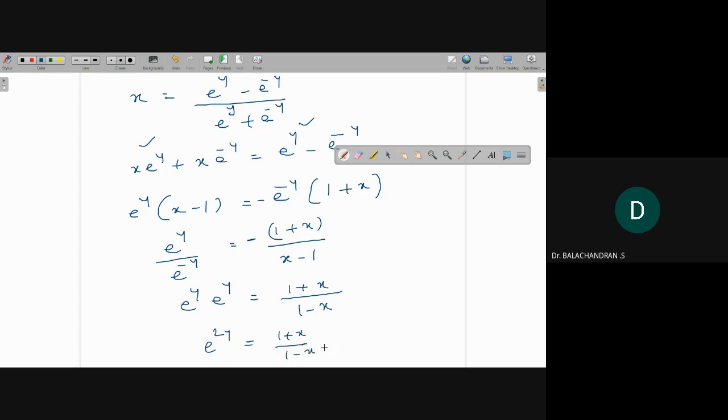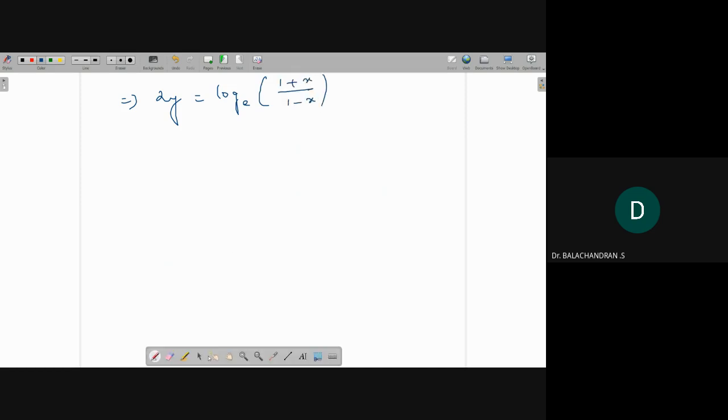So this implies 2y equal to log base e of 1 plus x divided by 1 minus x. So y equal to half log base e of 1 plus x divided by 1 minus x.